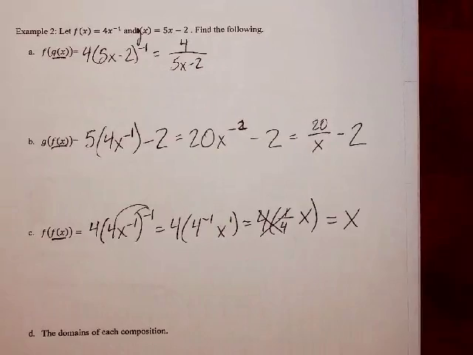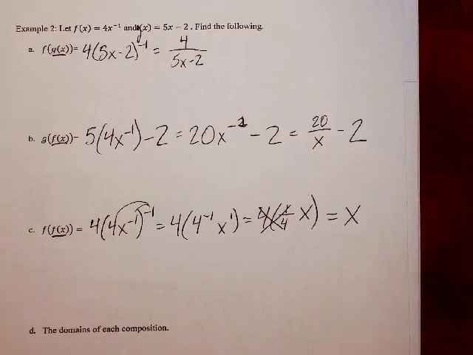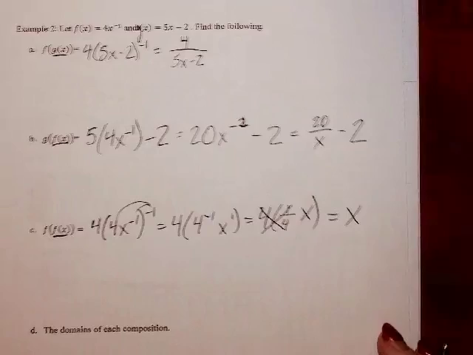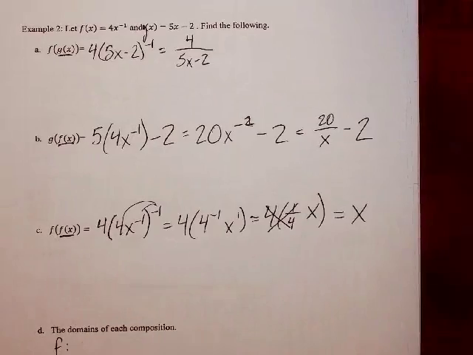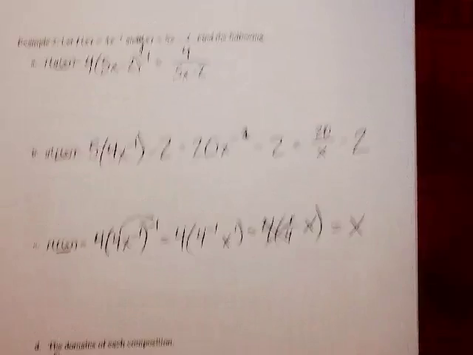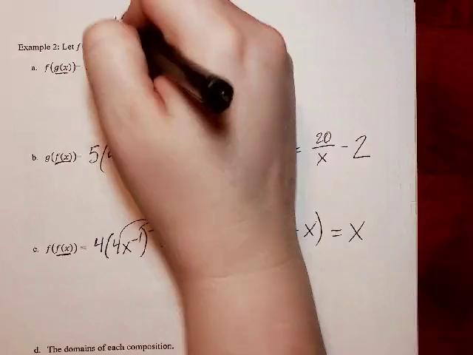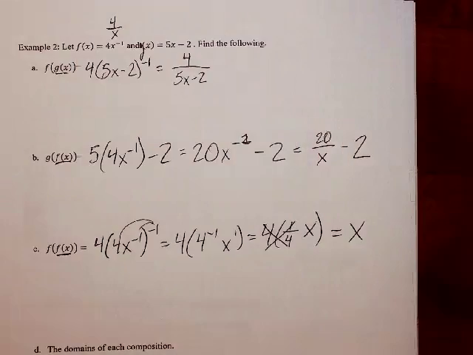Now for the part, finding the domain of each composition. First, we're going to start with the domain of f. Remember, this is the same as 4 over x. And we cannot ever divide by 0.